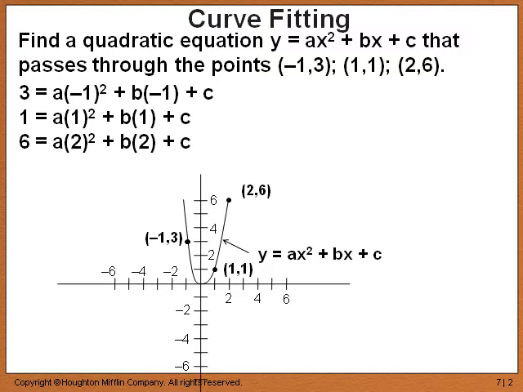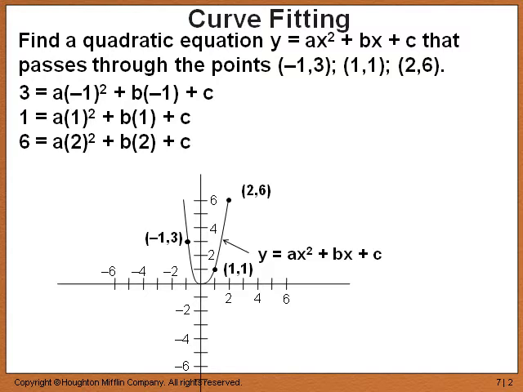So since (-1, 3) is a point, -1 is the x-coordinate and 3 is the y-coordinate, I put in 3 for y. That's why I have 3 equals. And then I plug in -1 for x.